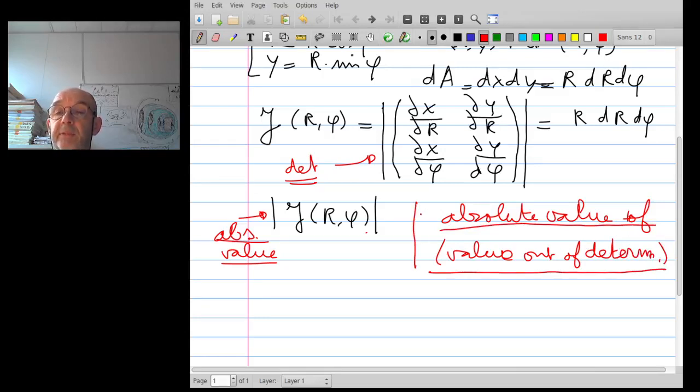So be careful. Don't see those vertical lines as the lines of the determinant. That is not the case.